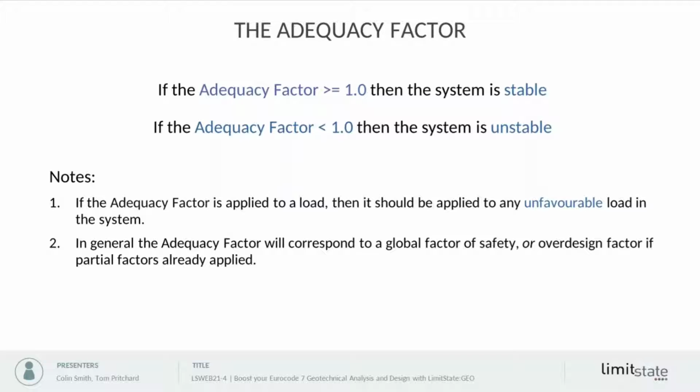If we've already applied partial factors from our Eurocode, then this adequacy factor gives us a kind of over-design factor on our system. But in terms of the Eurocode, as long as we're bigger than 1, then we can say our system is stable.